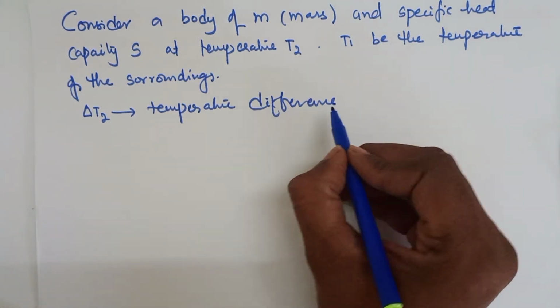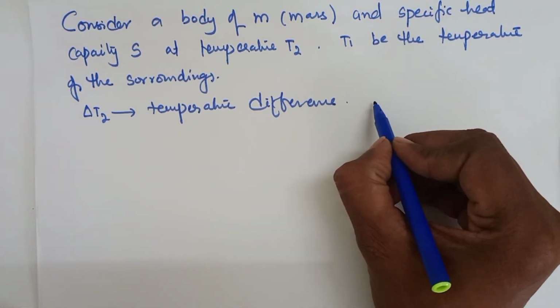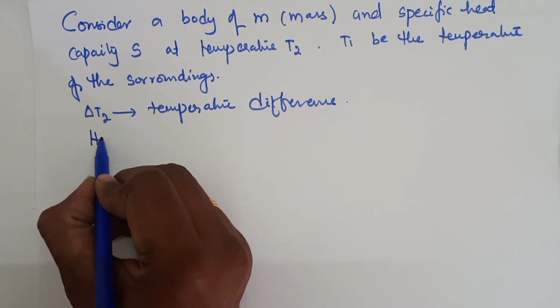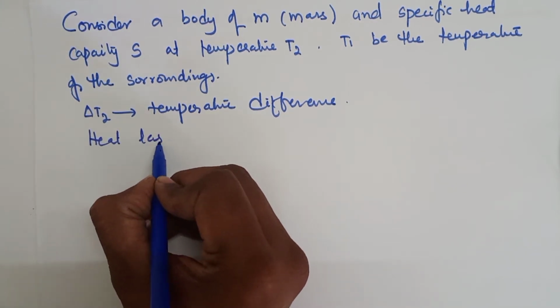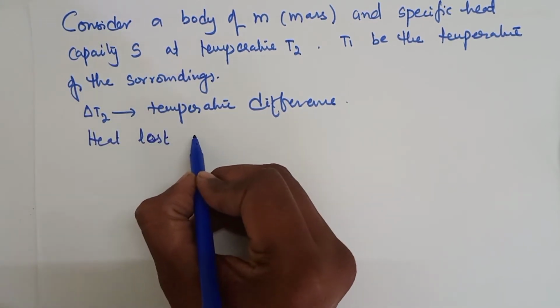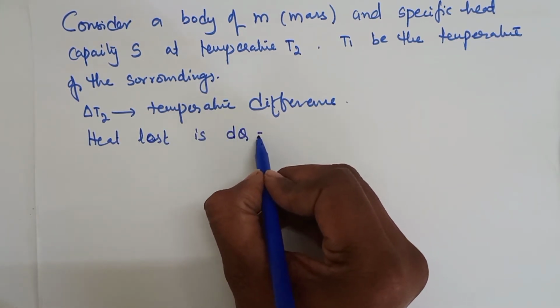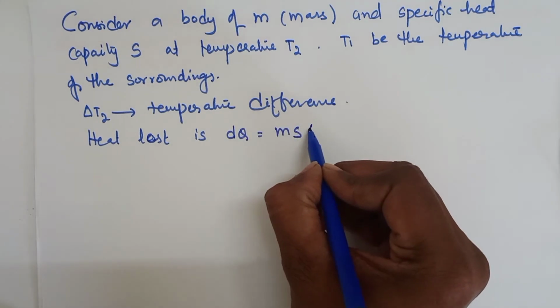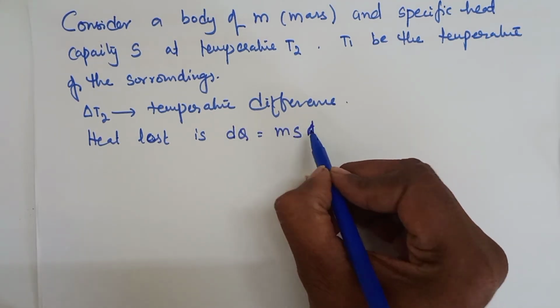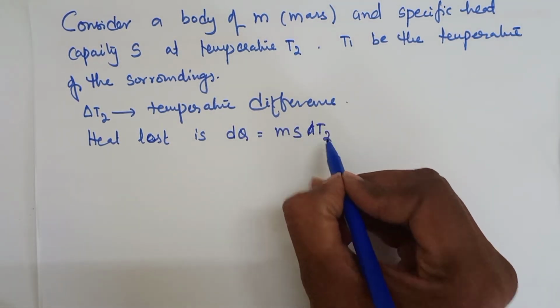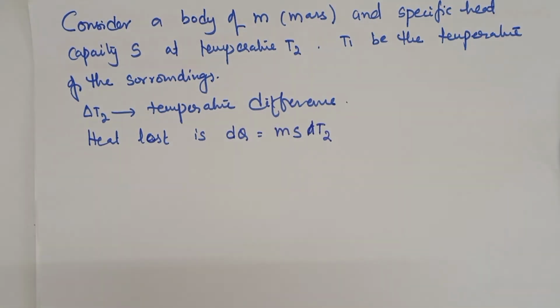Now the amount of heat lost, how to calculate that? Heat lost dq is equal to ms delta T. Here dT2 we can write it as ms dT2, right?